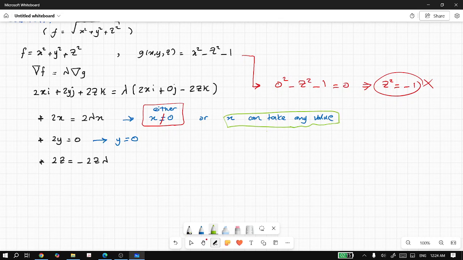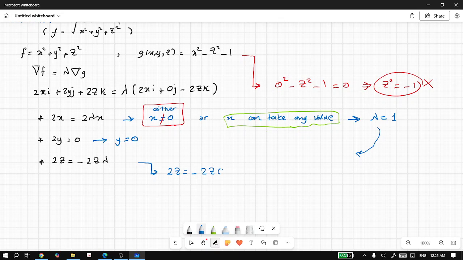So when x is any other value, we divide both sides of this equation by x. So we get lambda is equal to 1. When lambda is equal to 1, substituting into the equation we have for z, we get 2z is equal to minus 2z, because lambda is equal to 1.